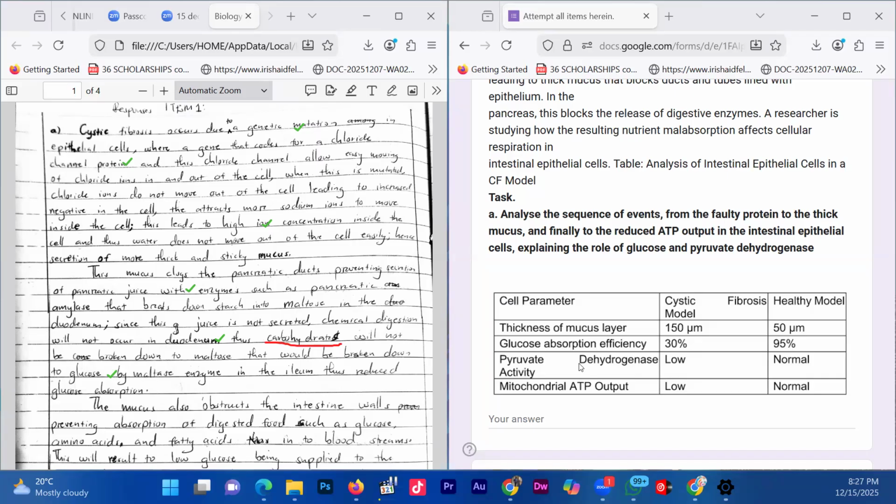pyruvate dehydrogenase. What does that enzyme do? It catalyzes the conversion of pyruvate to acetyl CoA.